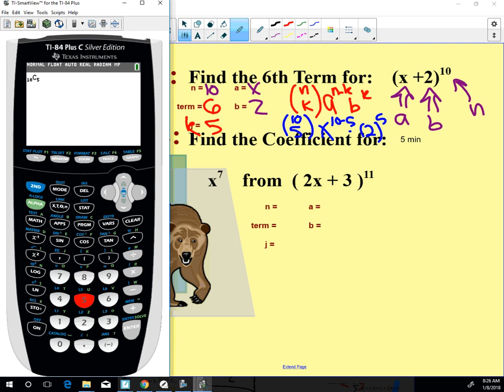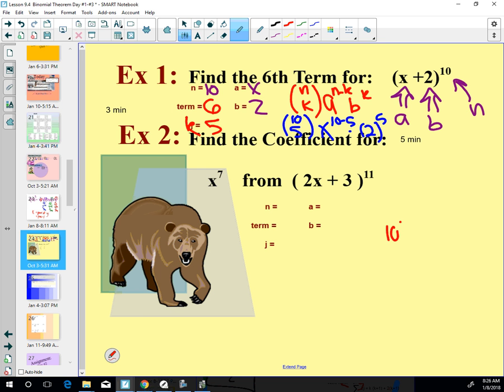So it's 10 choose 5, and what will that give you? I can maybe figure it out. It's 10 factorial over 5 factorial over 5 factorial, which is 10 times 9 times 8 times 7 times 6 over 5, 4, 3, 2, 1. The 5, 4, 3, 2, 1 cancels out. 3 times 2 is 6. 10 times 8 is 80 over 20 is 4.